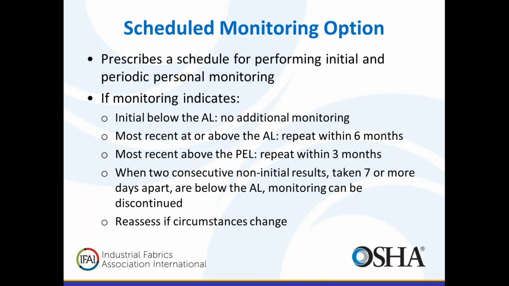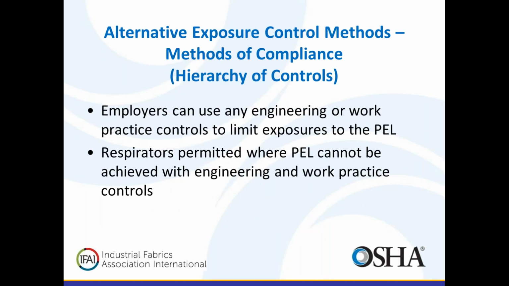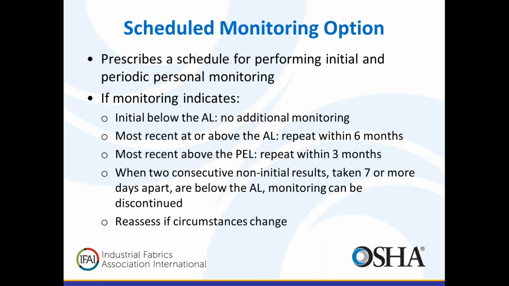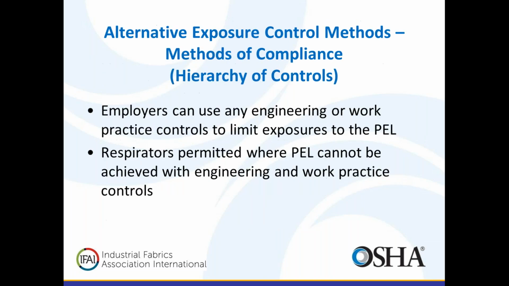Based on those results, you may have to resample in 3 months, or in 6 months, or you may not need to resample at all. But one caveat is that if you change your process or you change tools, then you need to reassess your employee's exposure.